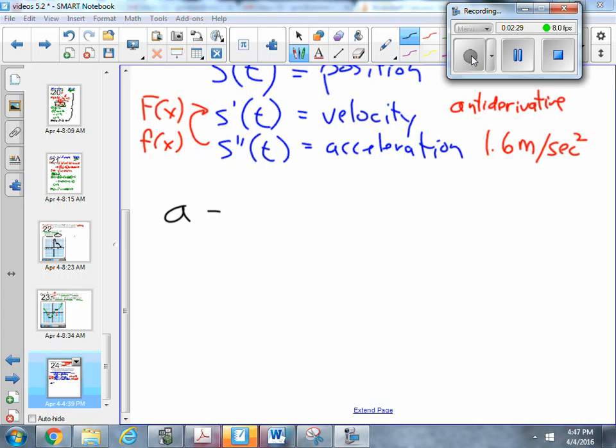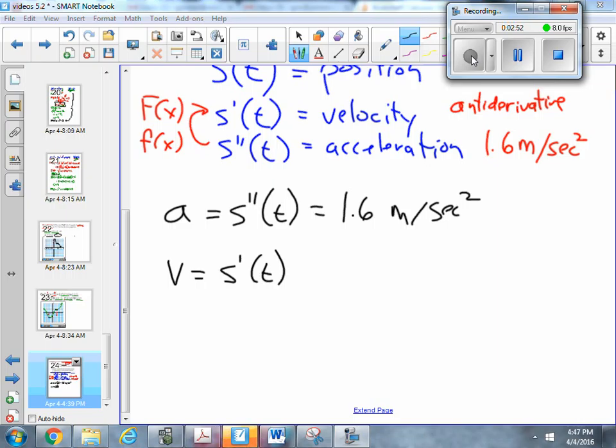acceleration is equal to the second derivative in relationship to t, and that is equal to 1.6 meters per second squared. And I want to find velocity, which is s prime of t, one level up. So I'm going to use the antiderivative.